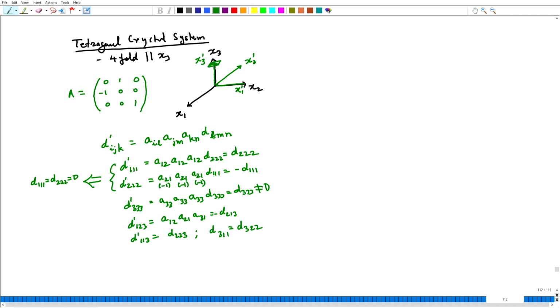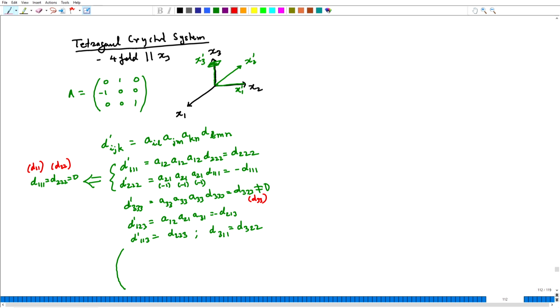So, the final piezoelectric matrix will look like this in the reduced coordinate system. Which means that just for reference, d111 is going to be d11 in the reduced matrix. This will be d22 in the reduced matrix, and this d333 would be d33 with 2 indices.